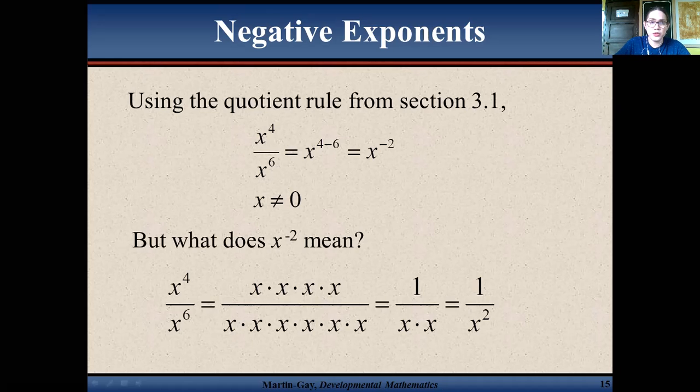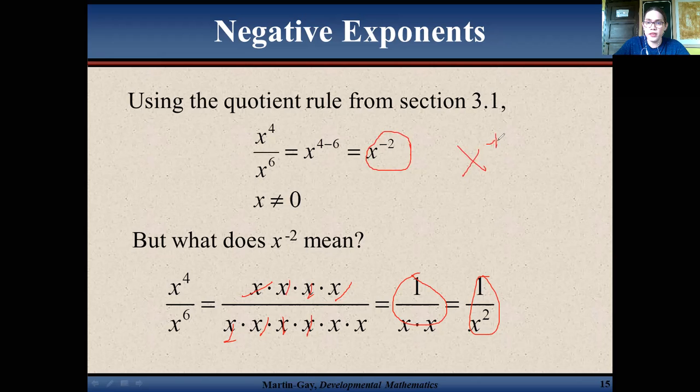To simplify this one, you can just factor it out or use long notation, then cancel their common factors. What will be left will give you 1 over x squared. That's why in the quotient rule, x to the power of negative n gives you 1 over x to the power of n. So this is the rule. You cannot change this one. All you have to do is just apply it.